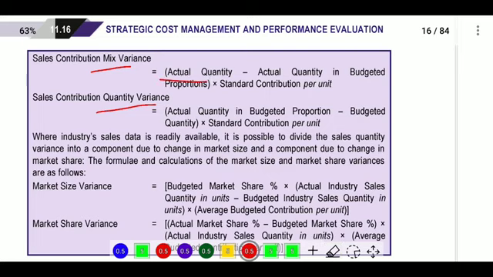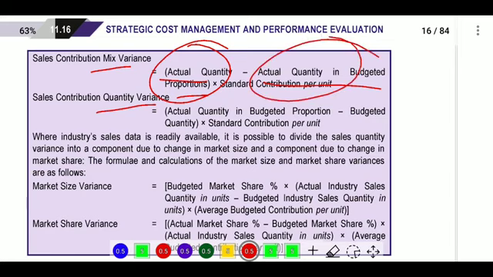So what is the actual quantity? Actual quantity in budgeted proportion. Budgeted proportion means, for example, if we budget 9 lakhs quantity for sales and the actual is 1 lakh, we take the actual quantity and apportion it as per the budgeted 90,000, and price means always standard price.